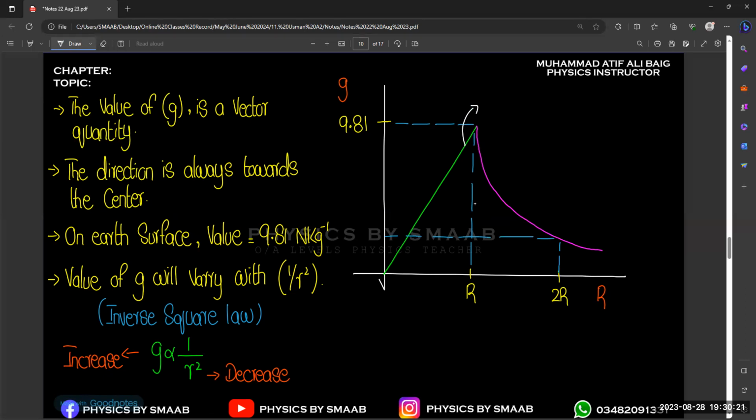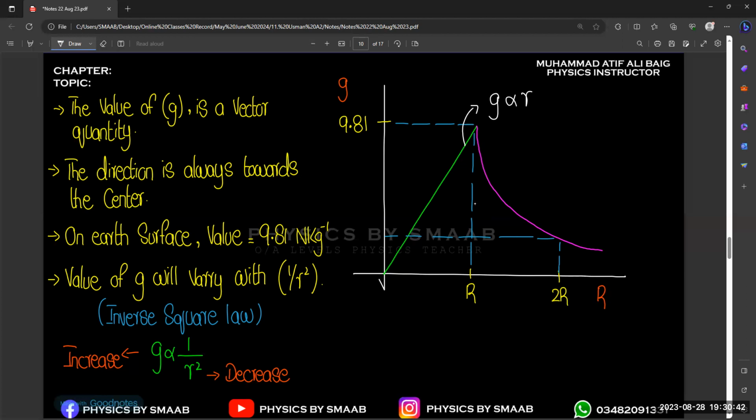We will divide by 4. Yes. So you know that G is inversely proportional to 1 over r square. So if you take 2r, 2 squared means 4. So it means your gravitational value will be decreased by 4 times, right?